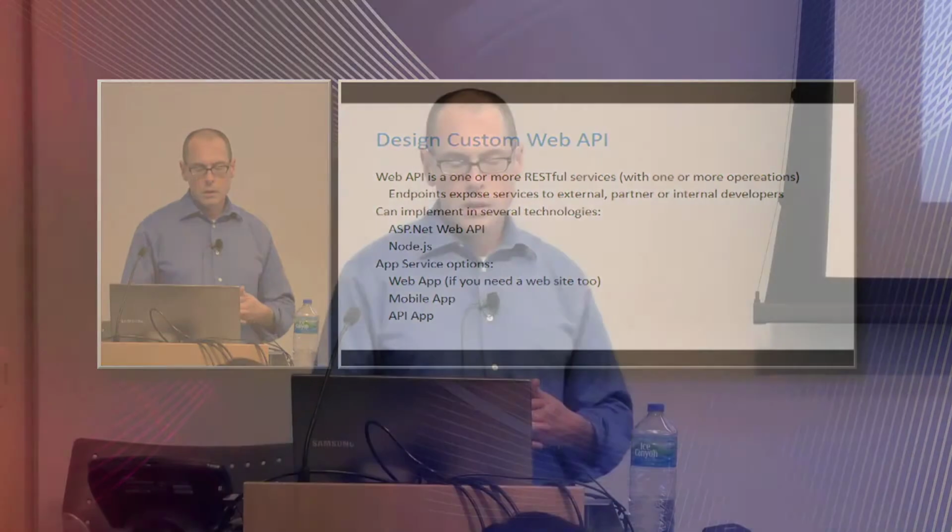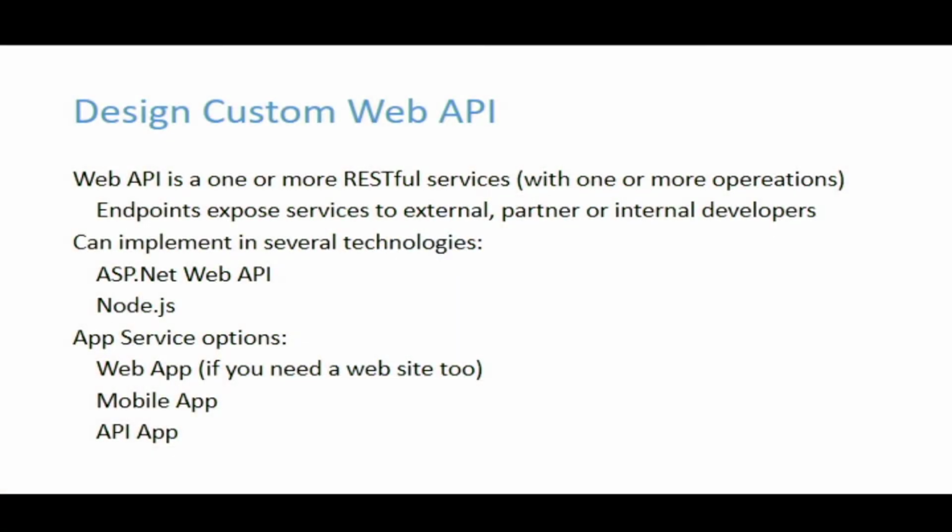So there's also this objective domain about design custom web API, and that is kind of in regards to just the API app in app services, but that RESTful service that's doing JSON or XML over a public endpoint is pretty much what it comes down to.